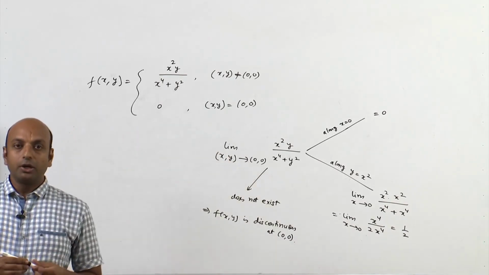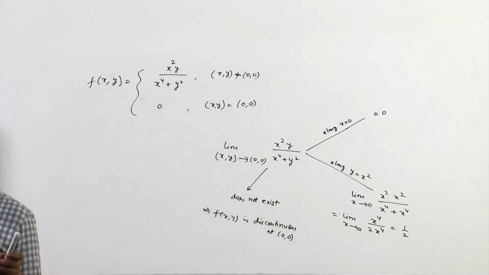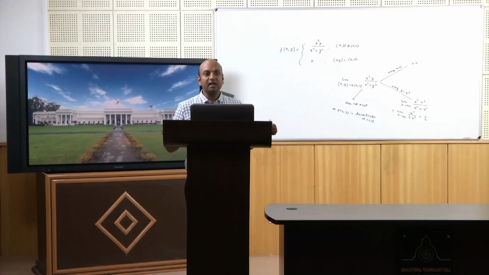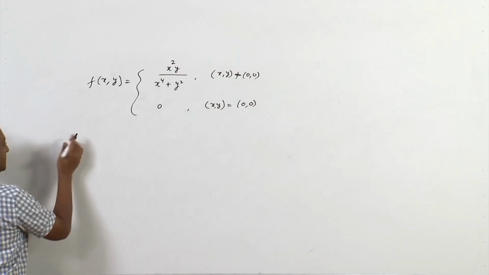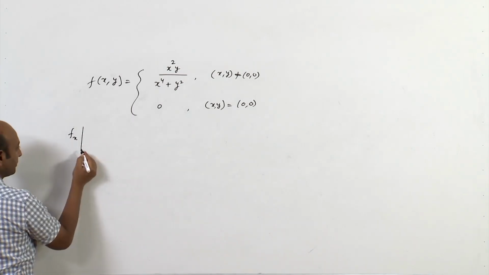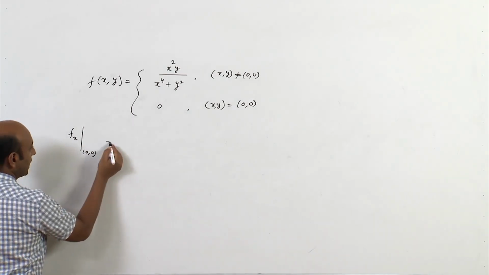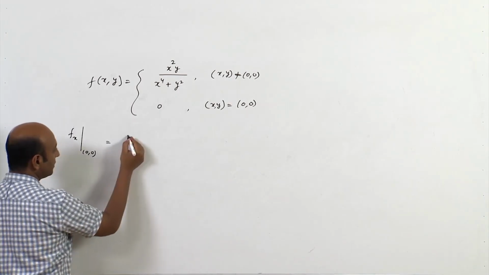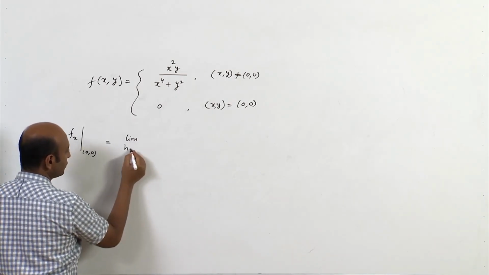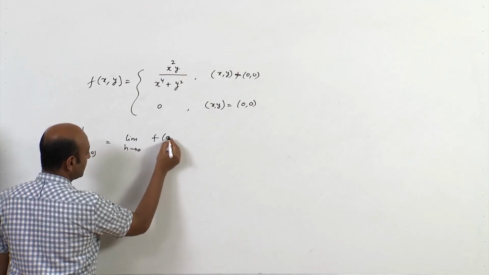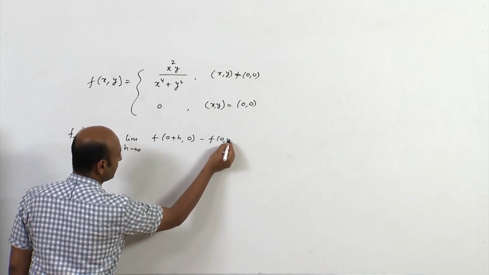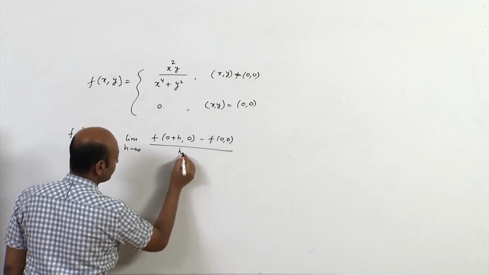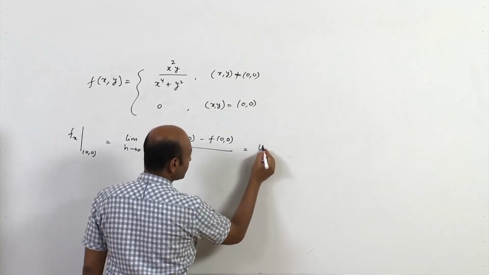Okay. Now, let us try to prove that its first order partial derivative exists. So, let us find f x at (0, 0). Again we will use the definition of limit: limit h tending to 0 of f of (0 plus h, 0) minus f(0, 0) upon h.